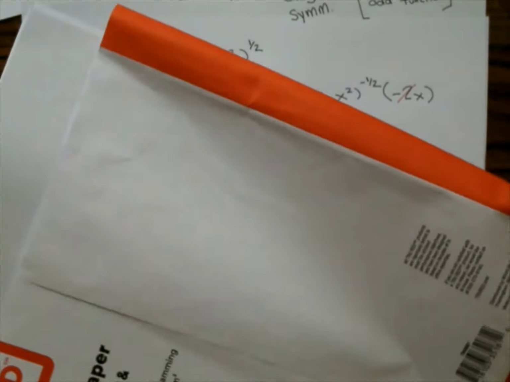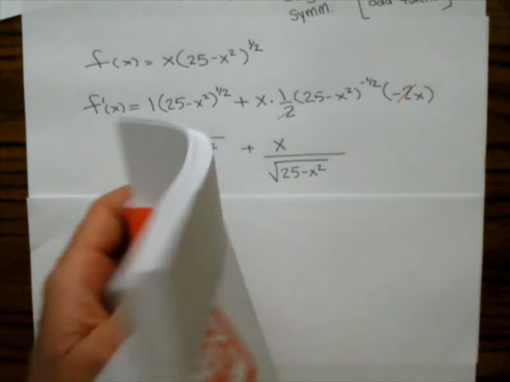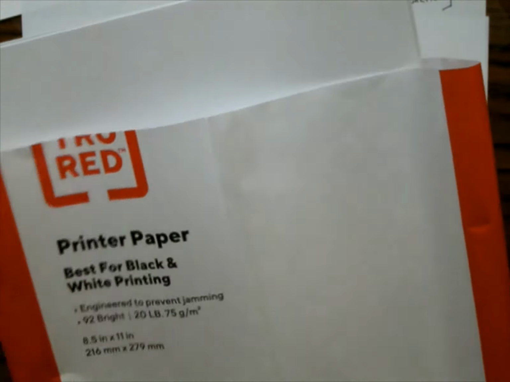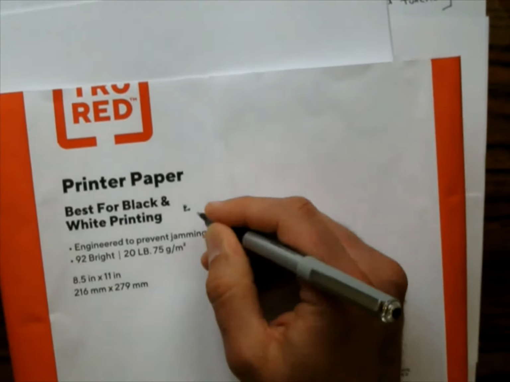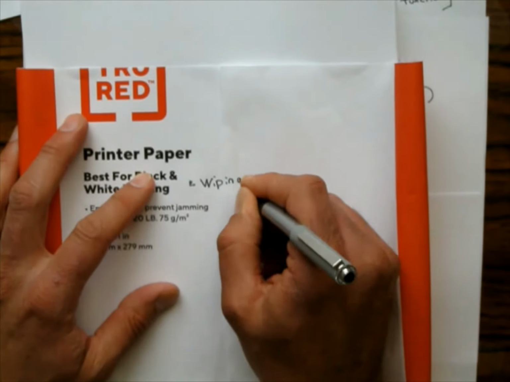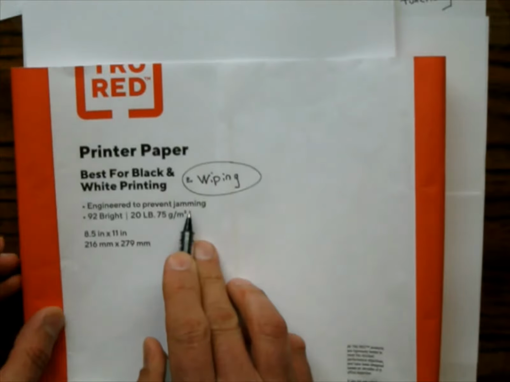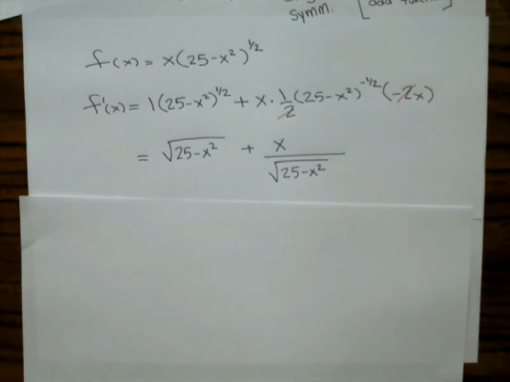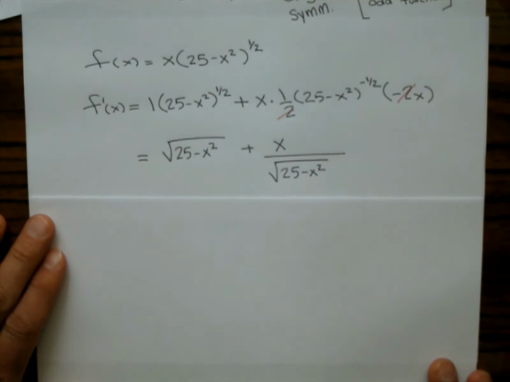There'll be no toilet paper, and it will be printed paper, best for black and white printing and wiping. Okay, so that we can change. Engineered to prevent jamming. I'm going to stop doing this. Okay, so yeah, we don't want to have any paper jams if you are going to be using that.